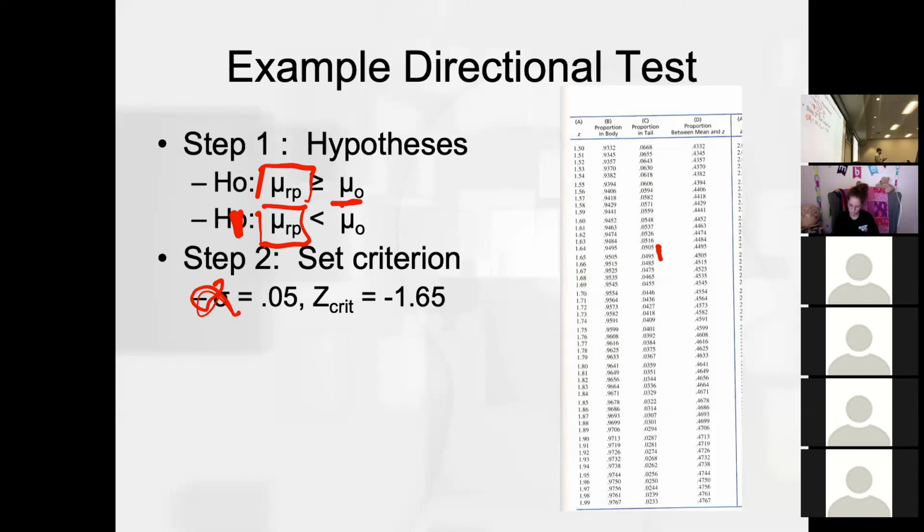You can see that 0.0505, 0.0495, we're going to take the more extreme of those. So that z-critical value is going to be that 1.65. And because of the directionality of it, we're going to set that to be negative, right? Because we're expecting that this treatment intervention is going to have them spend fewer days in the hospital.